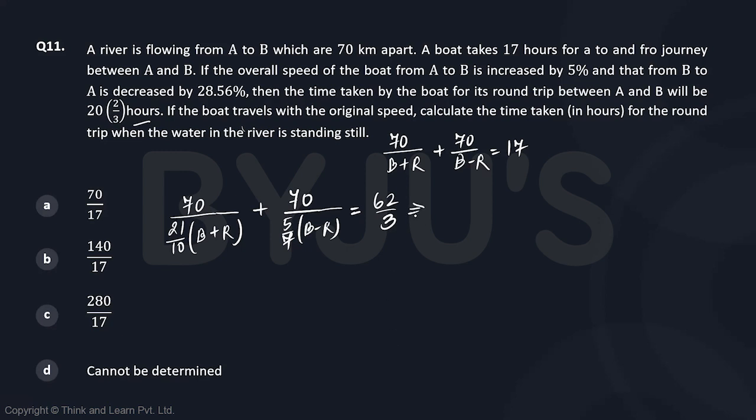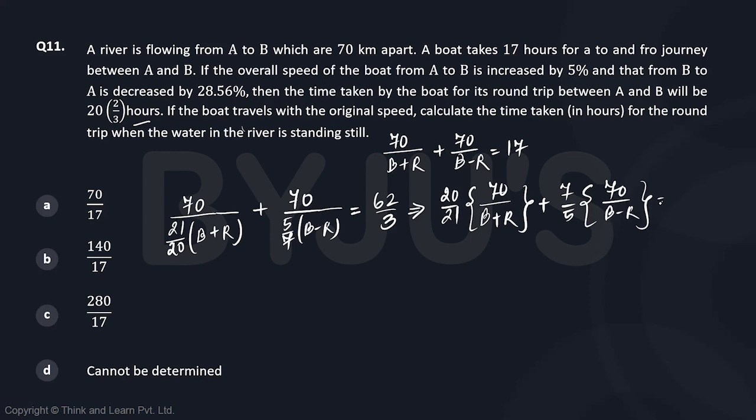Well, we can write the first one as, sorry, this should be 20 upon 21 times of 70 by (B plus R), and 7 by 5 times of 70 by (B minus R) is equal to 62 upon 3.